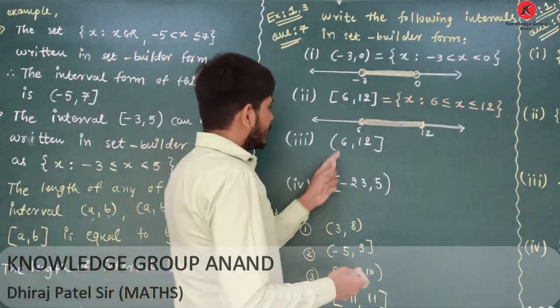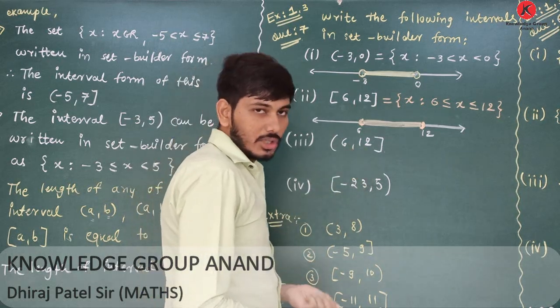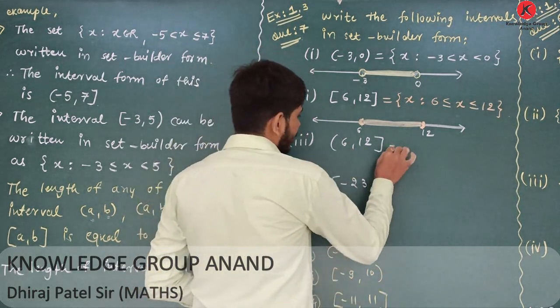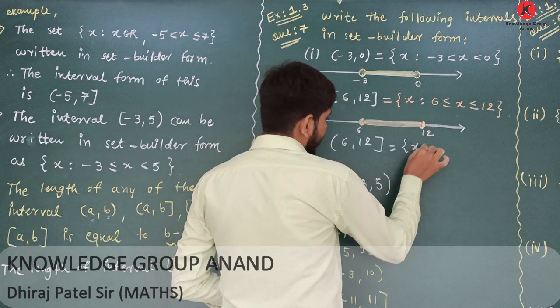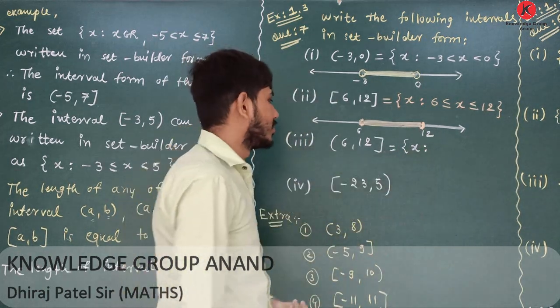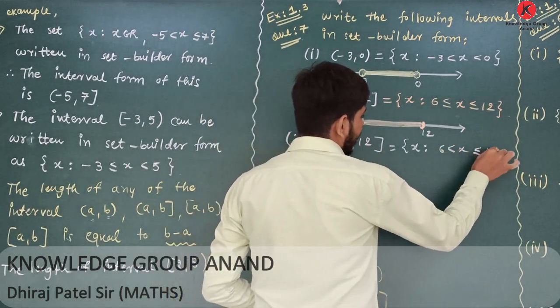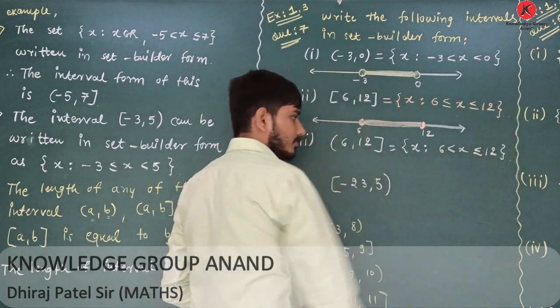Next one, 6 to 12. You have to include 12 but not include 6. Therefore, the representation in set builder form of this interval is x such that 6 < x ≤ 12. Okay.